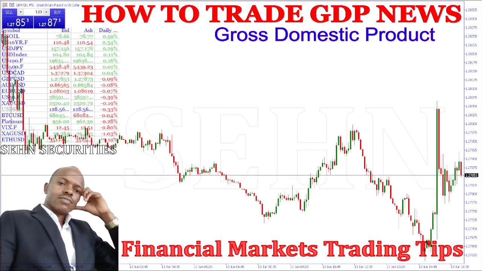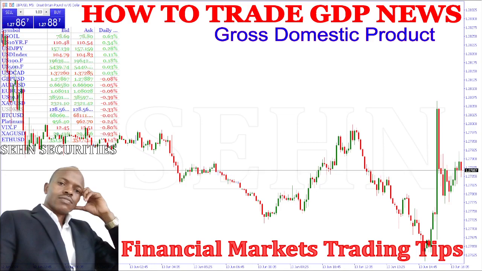Generally, strong GDP growth may prompt central banks to consider raising interest rates so as to curb inflationary pressures and maintain price stability. Also, higher interest rates make the domestic currency more attractive to foreign investors as they can earn a higher return on their investments. As a result, the currency of that given country may appreciate as its demand increases.